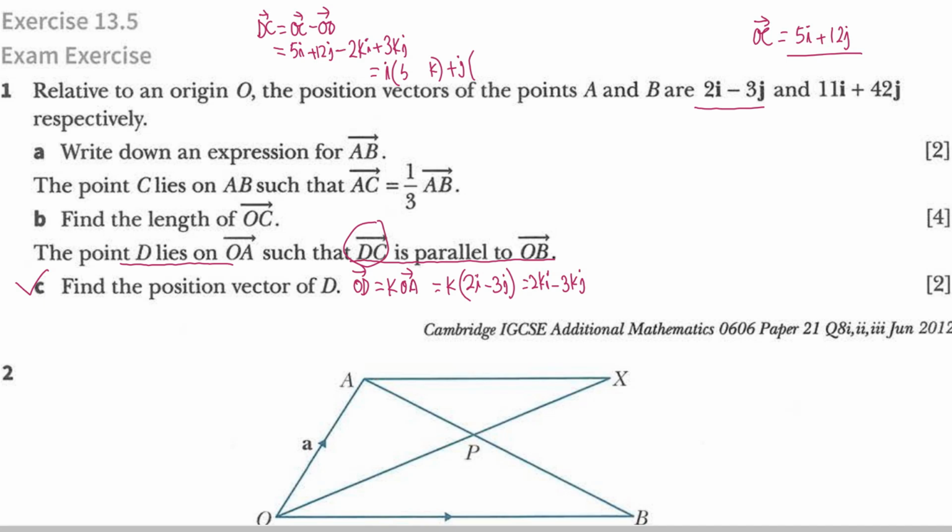If we take j common, it is 12 plus 3k. This is the vector DC.